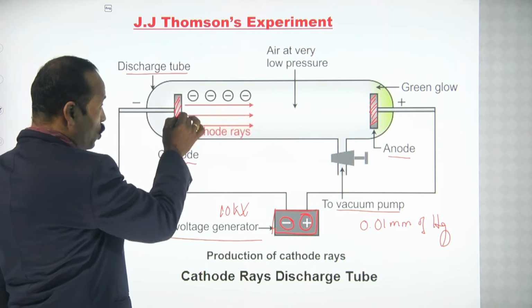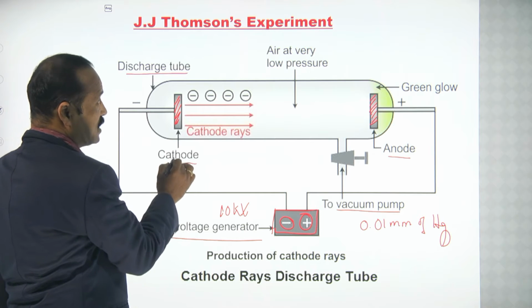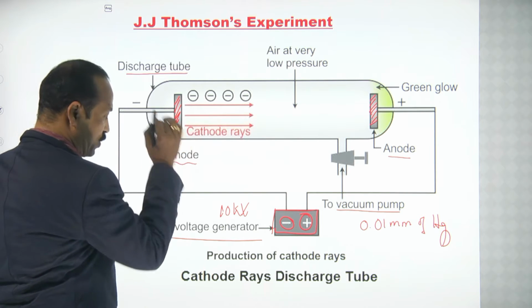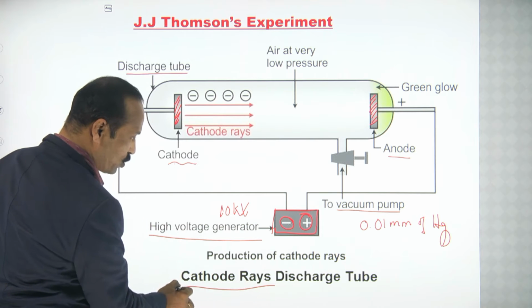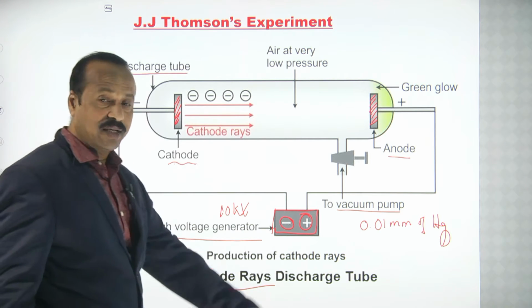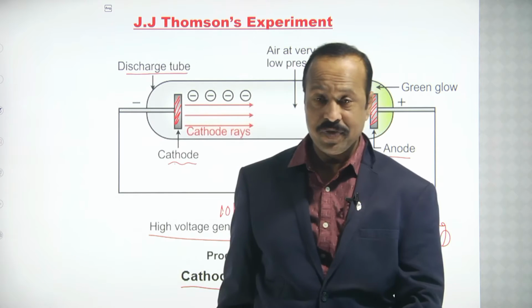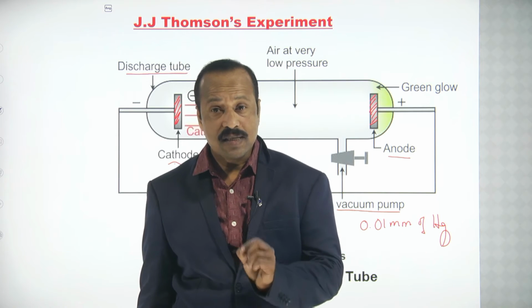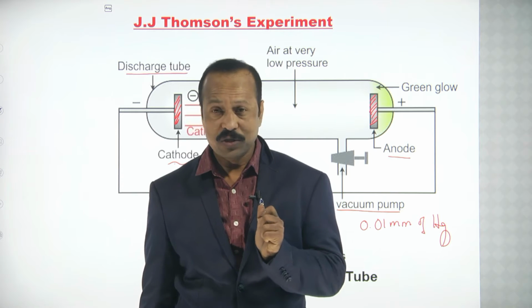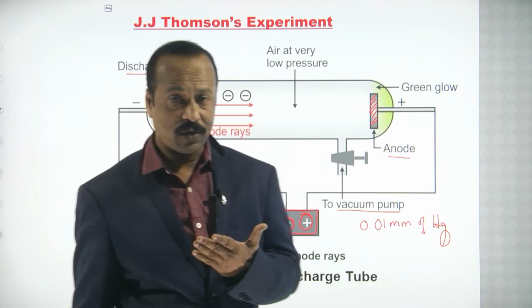As they originate from the cathode, they were named cathode rays. Hence this experiment is called the cathode ray discharge tube experiment. In this way, J.J. Thompson discovered the electrons. Is this clear? So that's about the discovery of electrons.